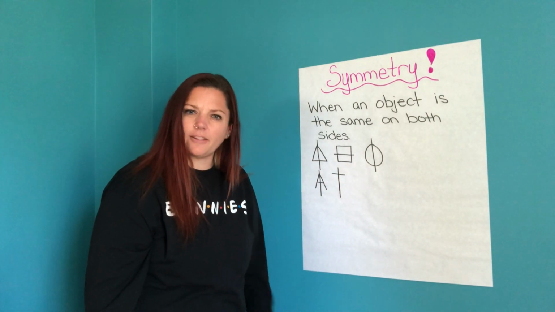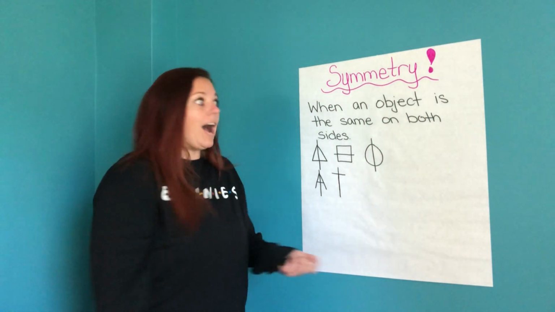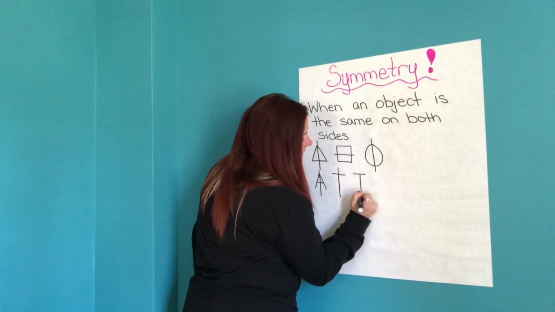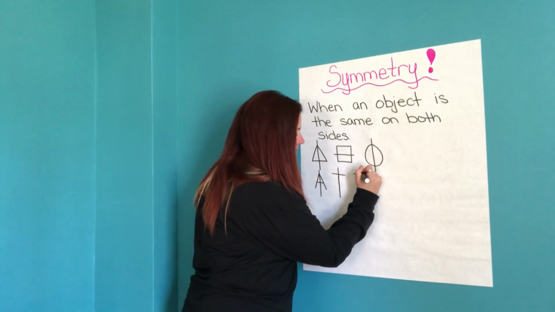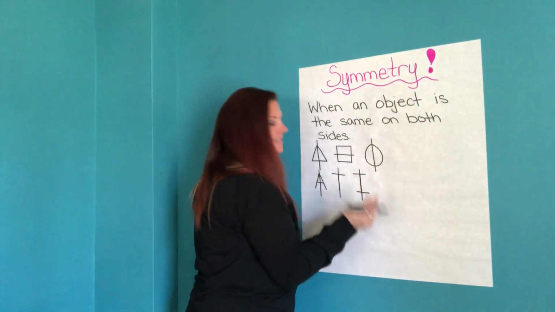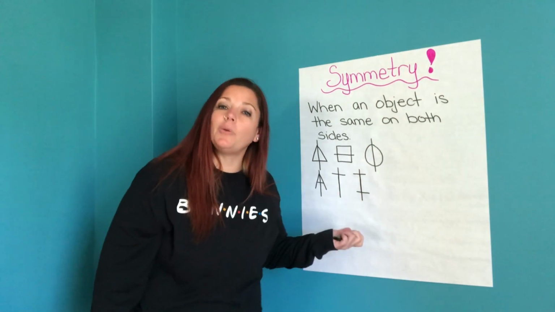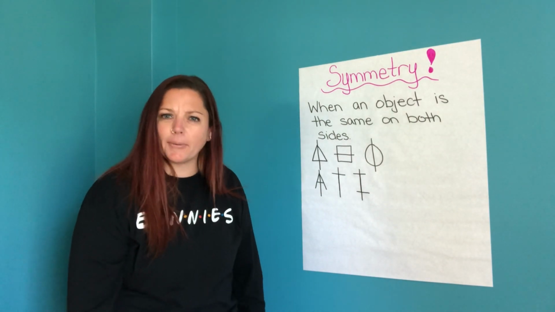Can you think of another letter that might have symmetry to it? I got one. Letter I. Now, if I cut that down the middle, is it the same on both sides? It is. But do you know what else has symmetry besides shapes and letters? Numbers.